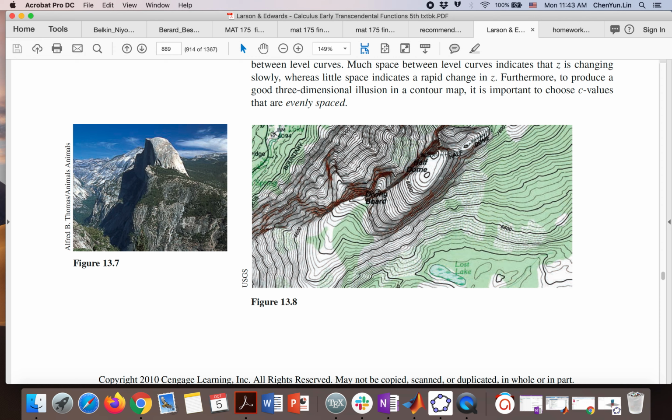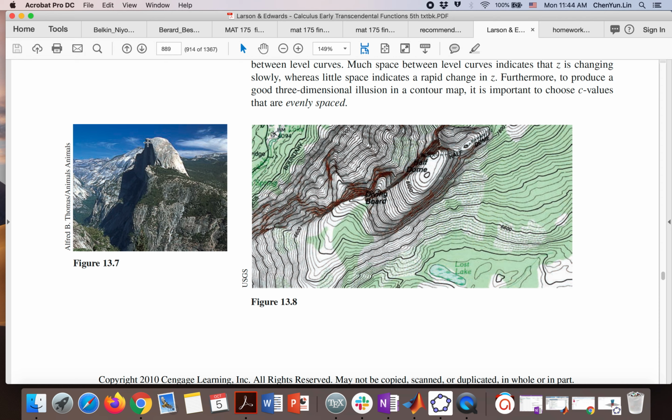Say you're going hiking, and this is figure 13.7, the figure you get. You print it out on a map, but you will find that it's not very useful if you're in the middle of the mountain, because it only tells you what one side of the mountain looks like. So not very useful, to be honest.